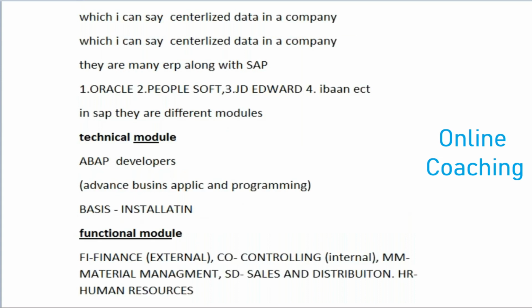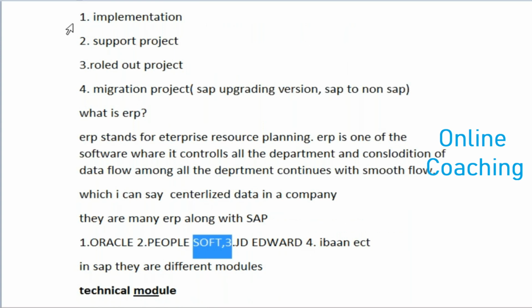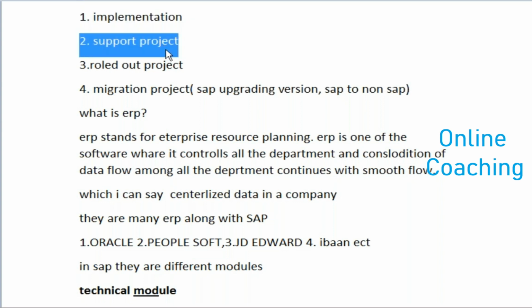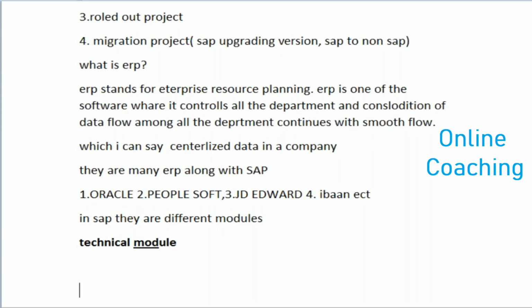We talked about implementation. Now we talk about the different projects, implementation and all. Once the materials come for you, the material will clearly mention supporting projects and rolled out projects. I also told you the roles of the FICO consultants.